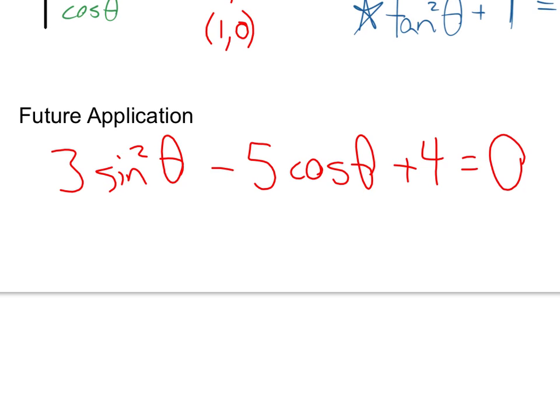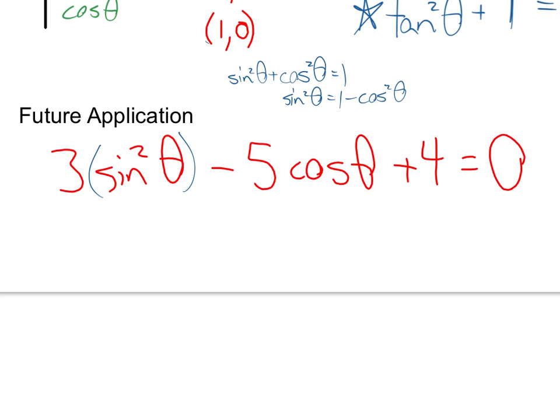So what I would do in this case is take sine squared plus cosine squared equals 1, and I want to replace sine squared with something. What could I replace it with? Think about what we're looking at here. 1 minus cosine squared. Good, sine squared is 1 minus cosine squared.